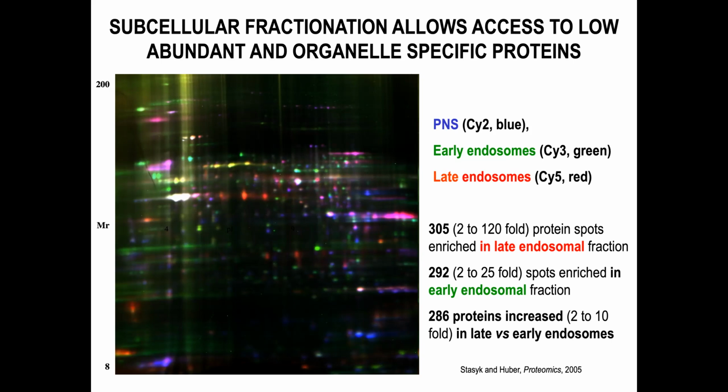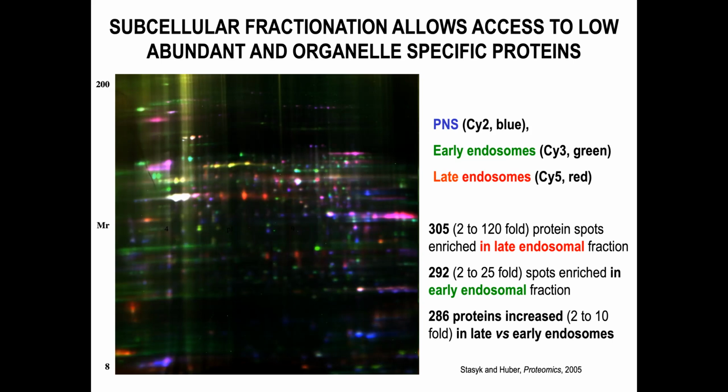What you can do with that technology is you can label your fractions with fluorescent dyes. And then you can mix different fractions in one gel, and you can visualize the origin of the fraction that you are looking at with the different color that you have labeled your fraction beforehand.